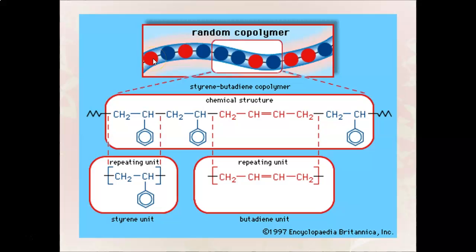The blue one is styrene and the red one is butadiene. So these two monomers in the copolymer are randomly distributed along the main chain.